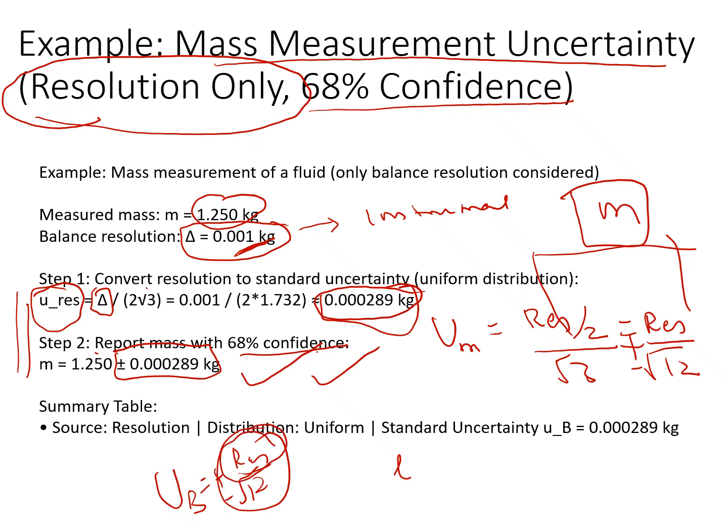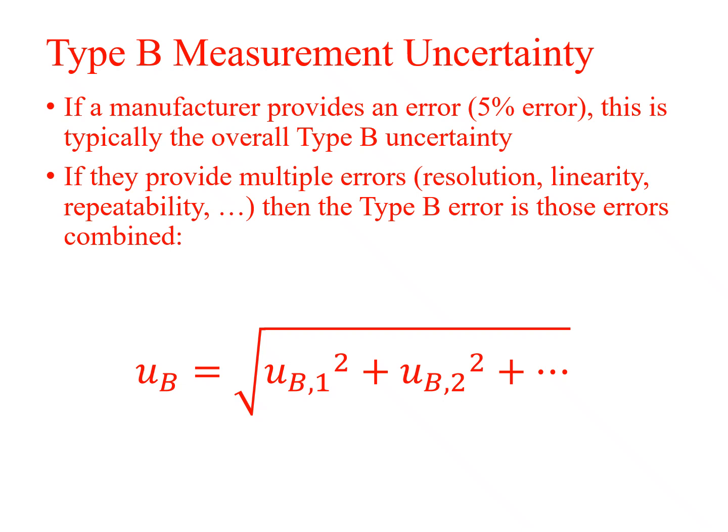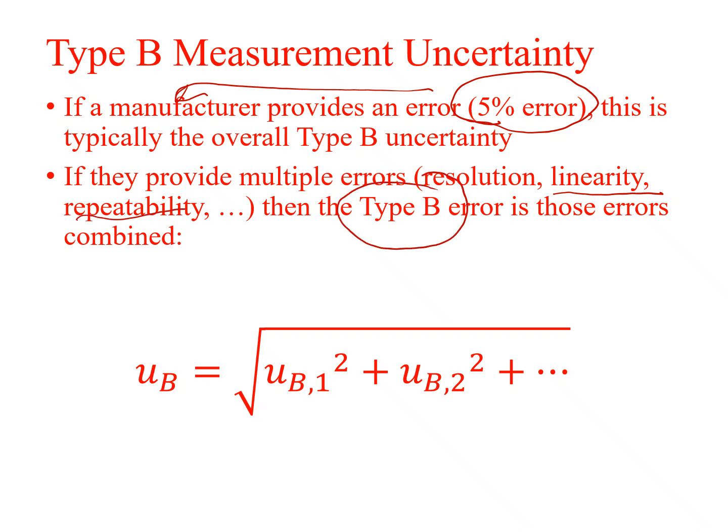But the uncertainty in type B could be due to not just the resolution, it could be any other factor as well. Like it could be due to error provided by the manufacturer. It may say 5% error. It could be due to linearity, it could be due to repeatability. So these are all types of type B error.